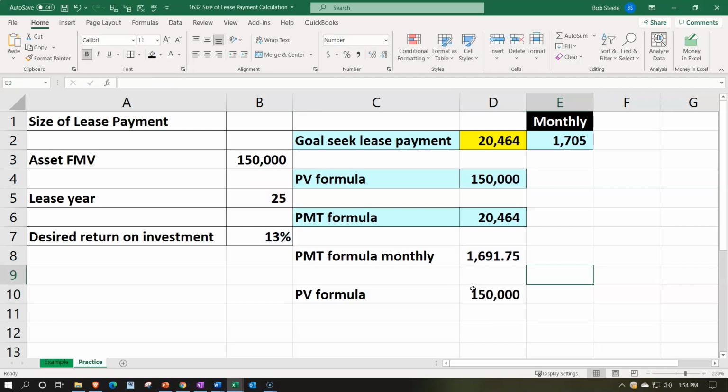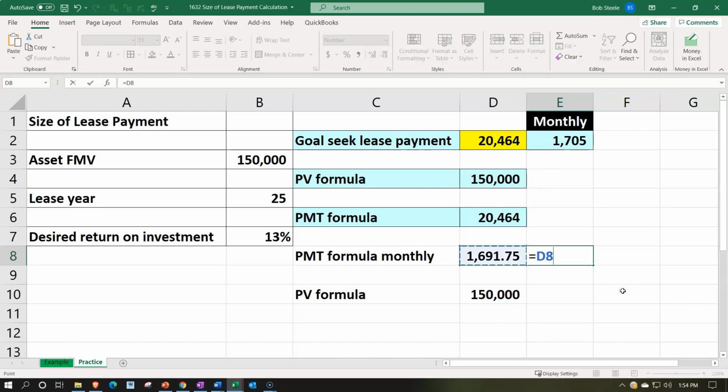And so you could see, if I look at total dollar amounts here and try to figure out the difference between this and this one we got up top, in terms of total dollars, we got the 1,691.75 times 25 years times 12 payments.